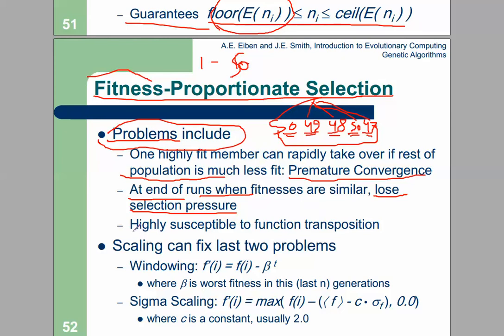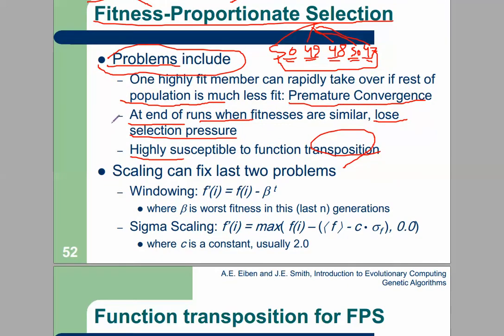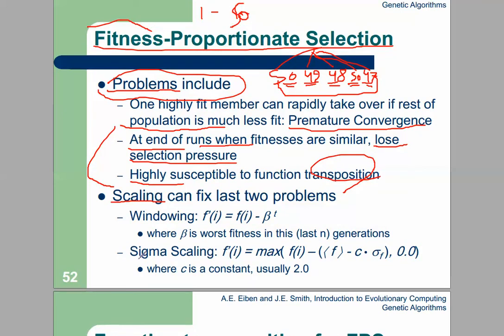And another problem is high susceptibility to function transposition. We explained this problem. We can solve these two problems by scaling and sigma scaling. For example, for these values, you can change the fitness by this formula.